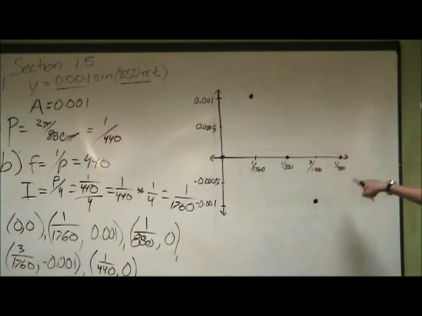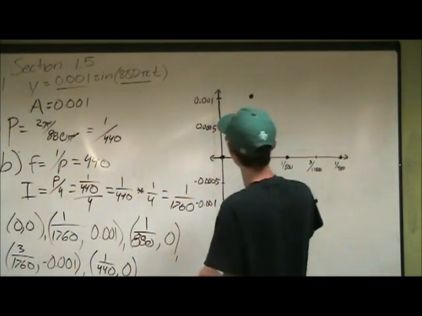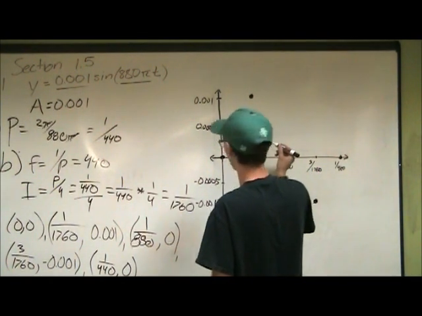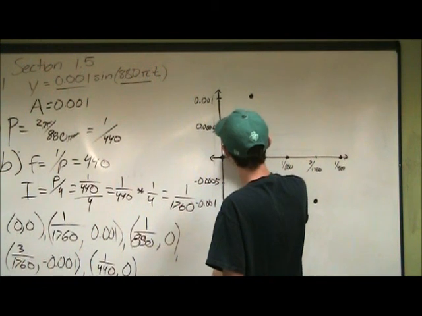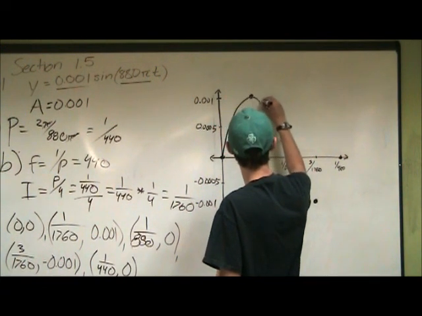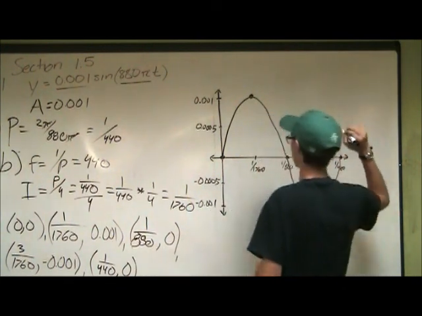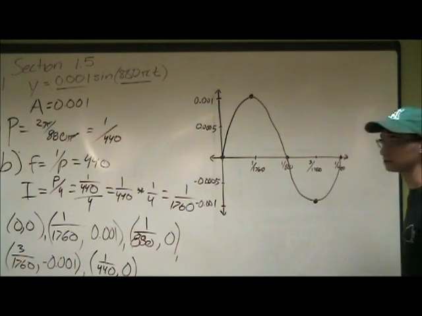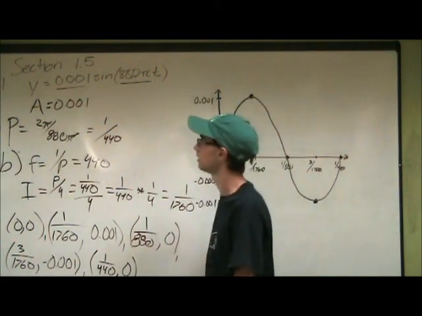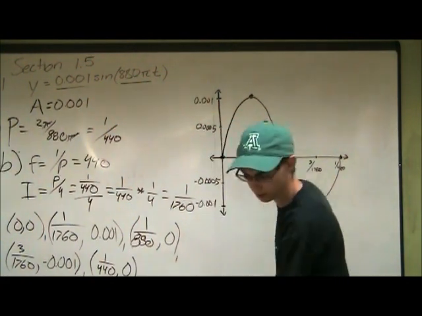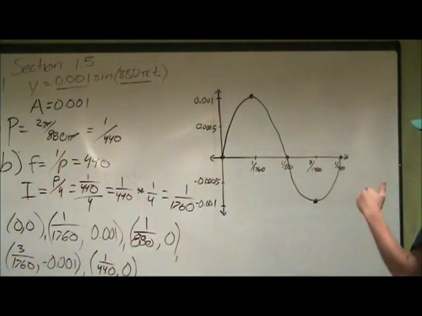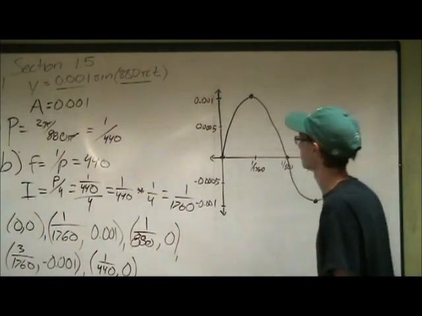So we have a beautiful sine curve, but it's very small. If you graph this on your calculator, you will only see a line. And it probably will be at the origin. Very microscopic. But it's the frequency of that note, I think it's A above middle C, something like that.